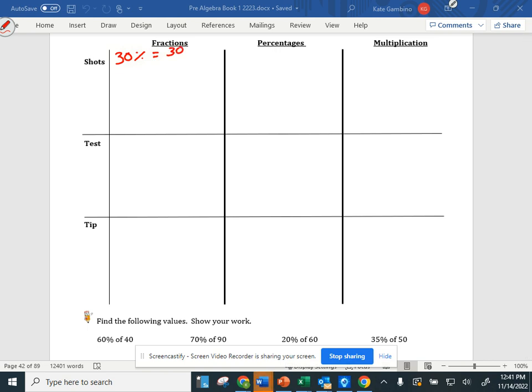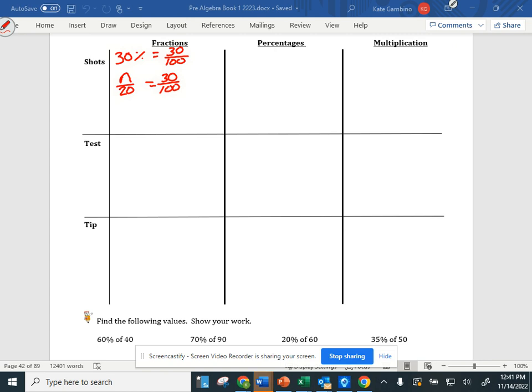We're going to do it with that 100 on the bottom, just because we want to be in the habit of using those hundreds. So we know 30% equals 30 hundredths. So we could say she made 30 out of 100. We don't know how many out of 20.